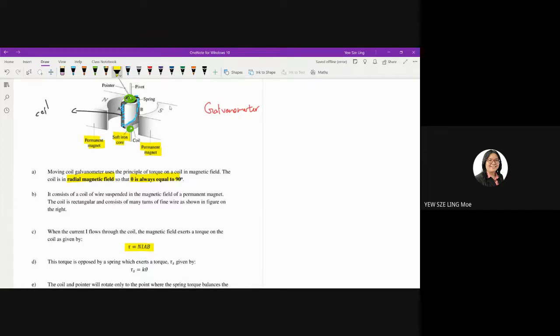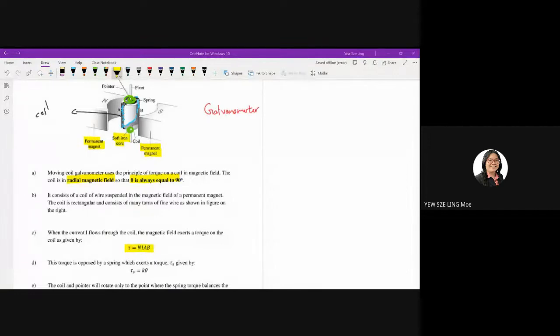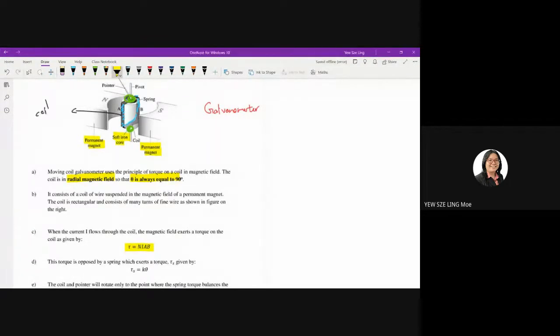Of course, there must be something to stop the pointer from rotating continuously. Otherwise, how are you going to obtain a reading? The thing that stops it from rotating is the opposing torque generated by the spring. That's why I told you just now, the pointer is attached to a spring.